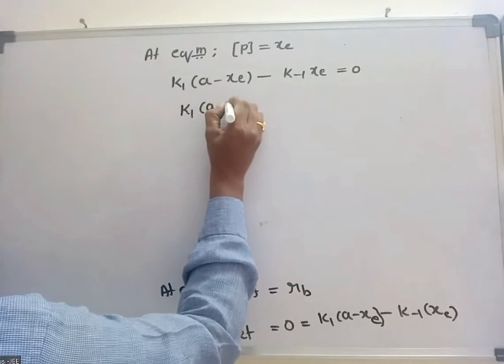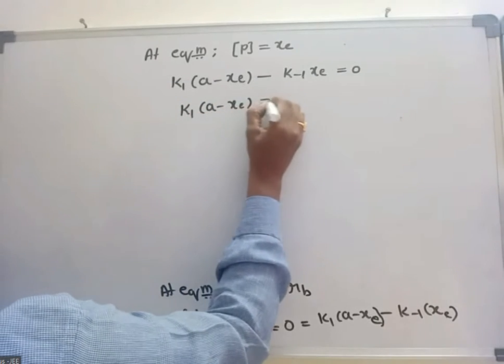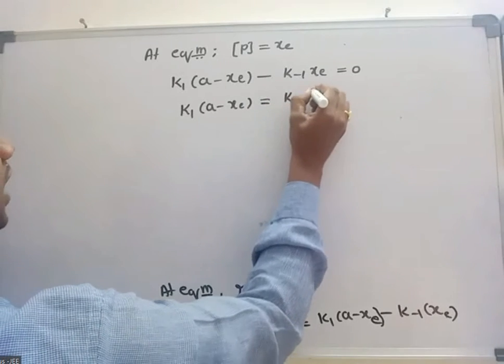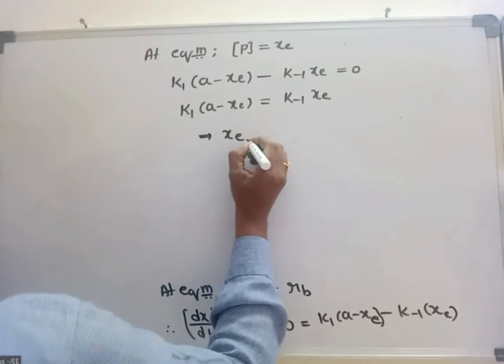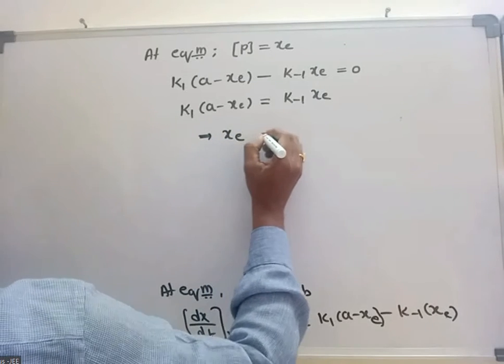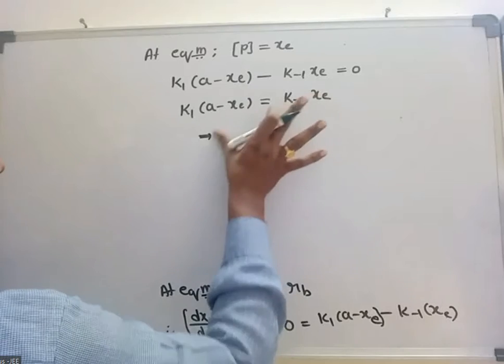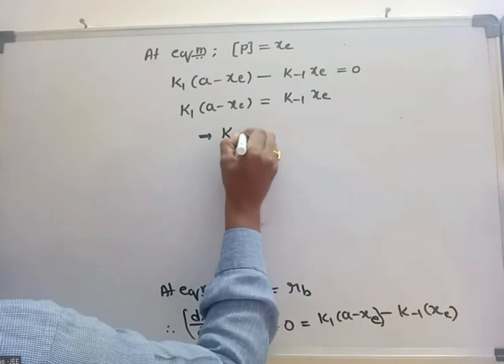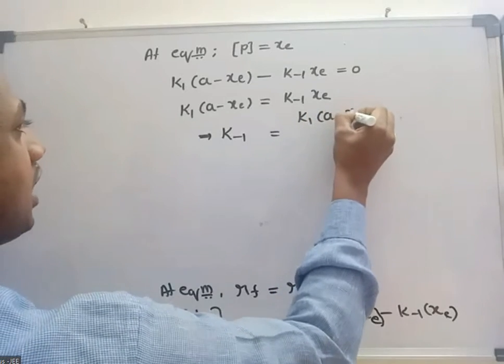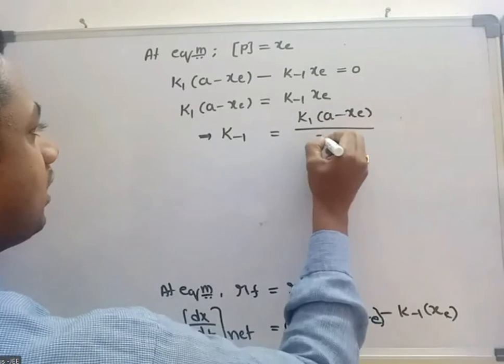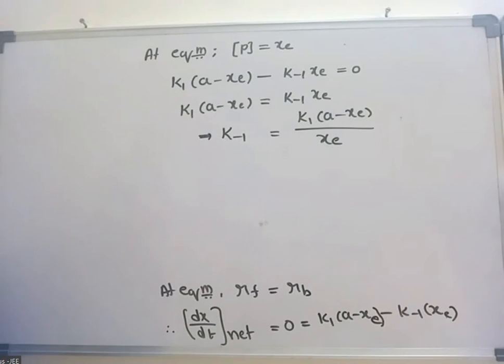K1 into (A minus Xe) equal to K minus 1 into Xe. That implies K minus 1 equal to K1 into (A minus Xe) by Xe. Then substitute the value of K minus 1 in the given equation.